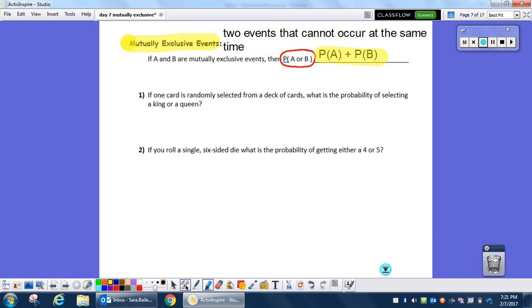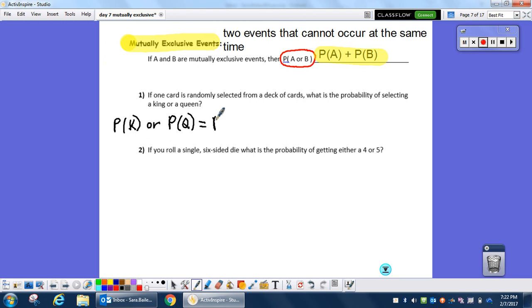Okay? So, if we look at our first example, one card is randomly selected from a deck of cards. What is the probability of selecting a king or a queen? So you might want to say, why is this mutually exclusive? Well, you can't be a king and a queen at the same time. So here's how it might look like in shorthand.